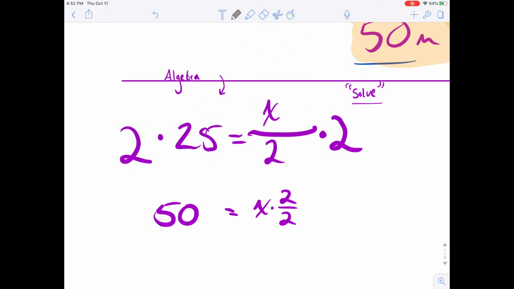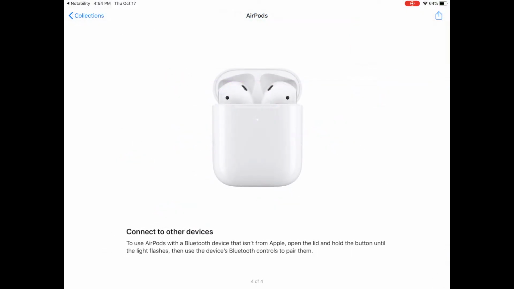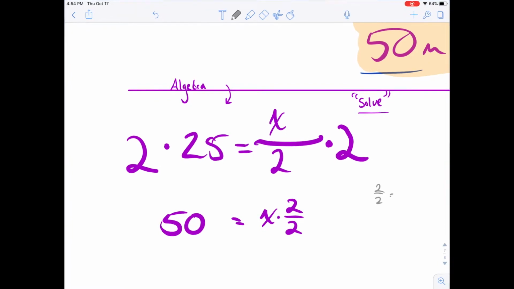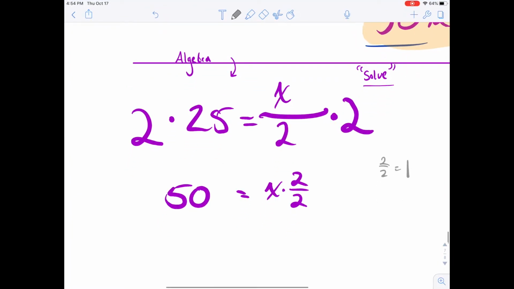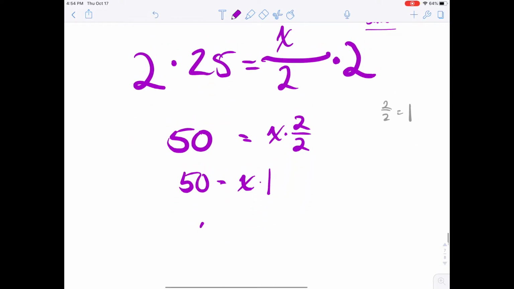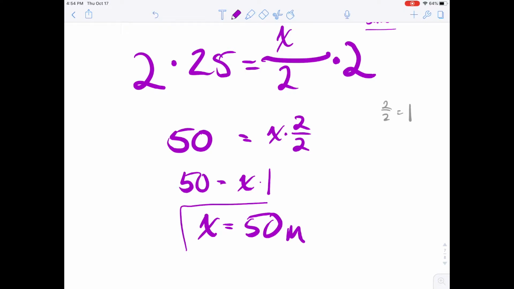And then we remember that 2 divided by 2 is 1. So if we're being fancy, 50 equals x times 1. Well, x times 1 is just x. So x equals 50.